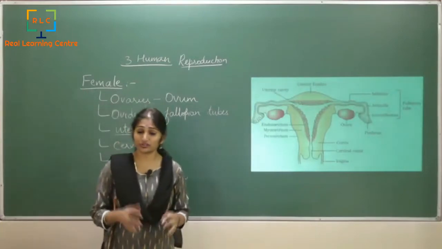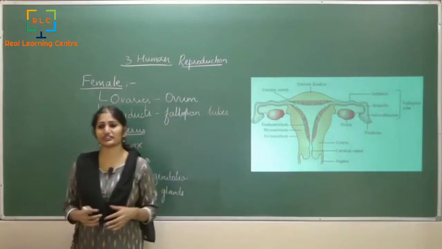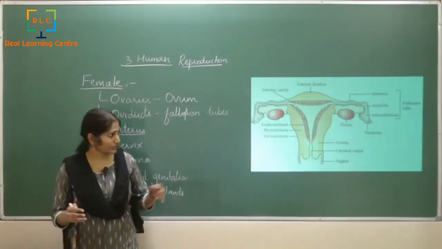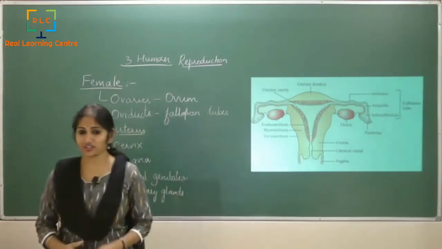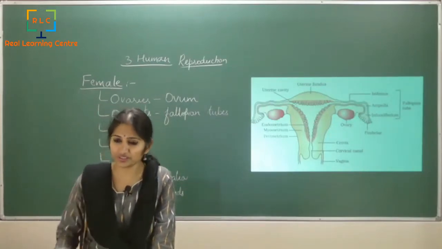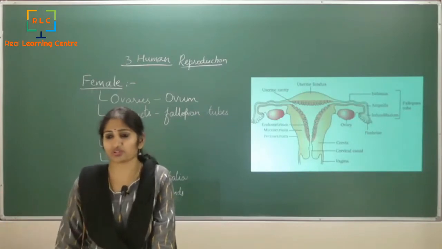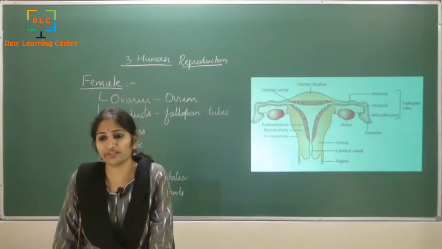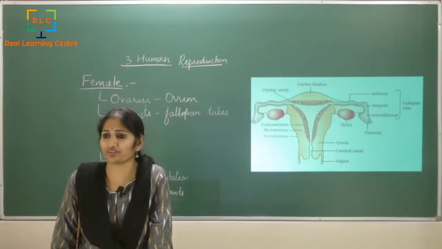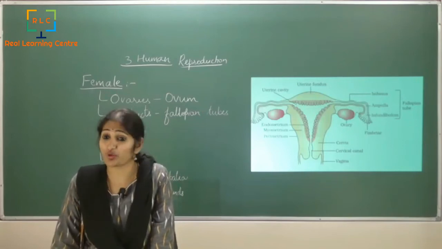Now talking about the external genitalia, you see the external genitalia is kind of covering the vagina, just to see that there is some kind of specificity, some kind of filter that would allow only very specific insemination to happen.